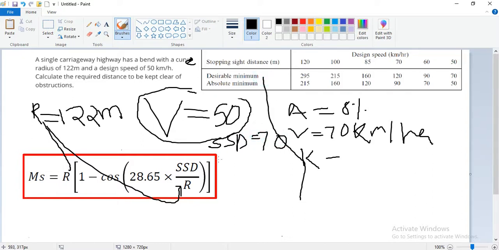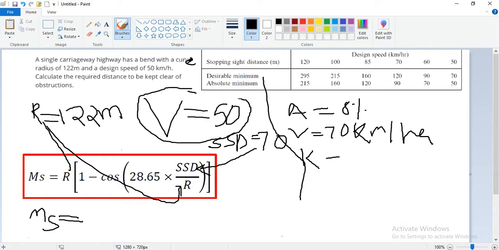So the SSD will be 70. We will just put it here, and we can solve this for M_s. R is 122 into 1 minus cos of 28.65 into SSD, where SSD is 70, divided by the radius. The radius is 122.